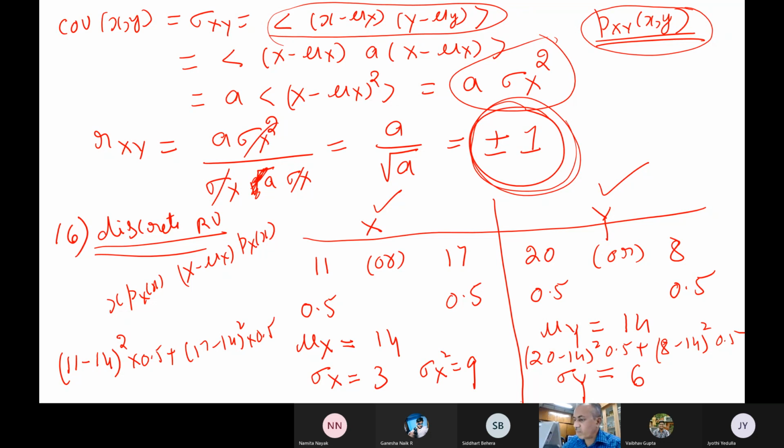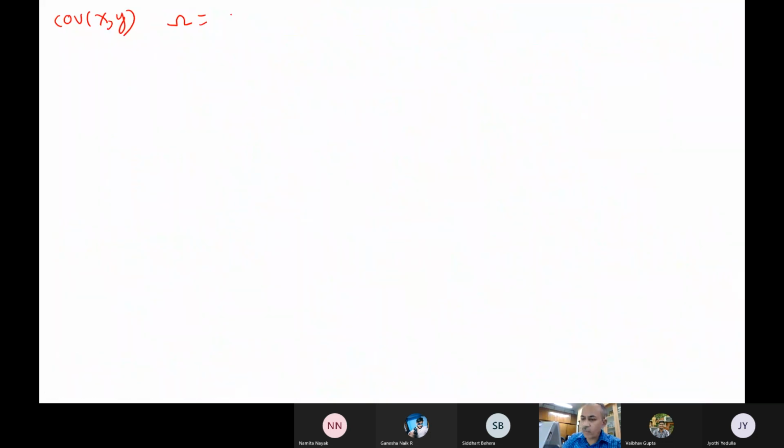When I combine, we get 4: 11 and 20, 11 and 8, 17 and 20, 17 and 8. So my sample space consists of these combinations.